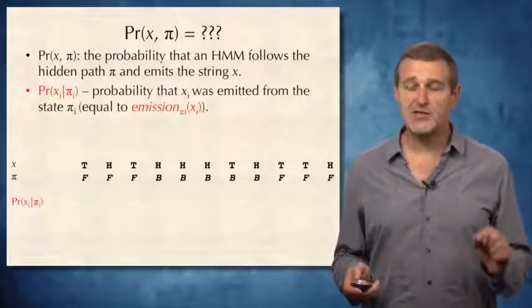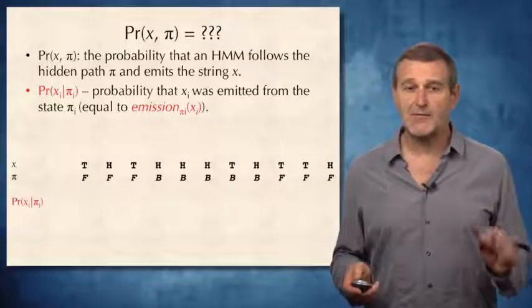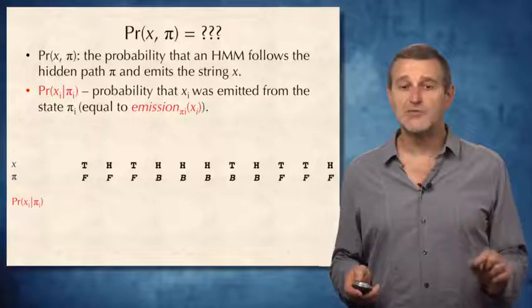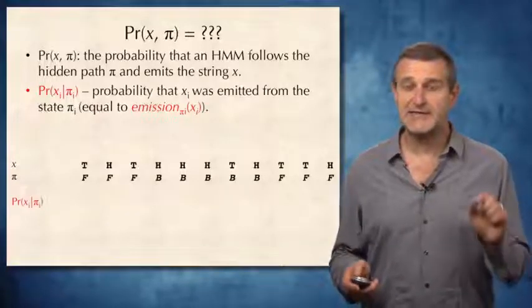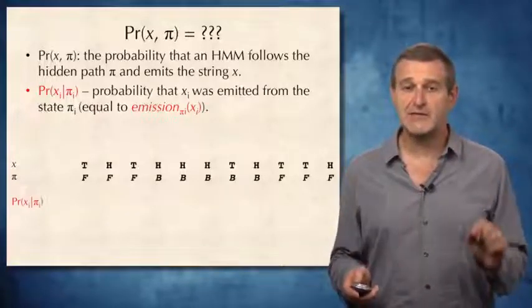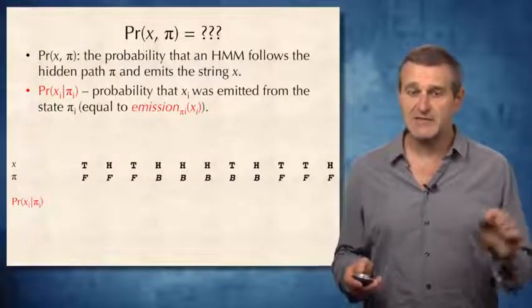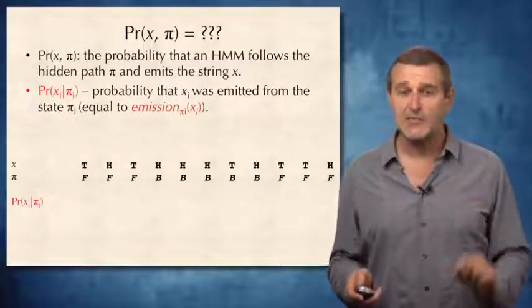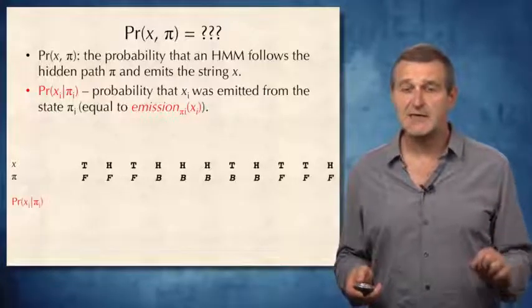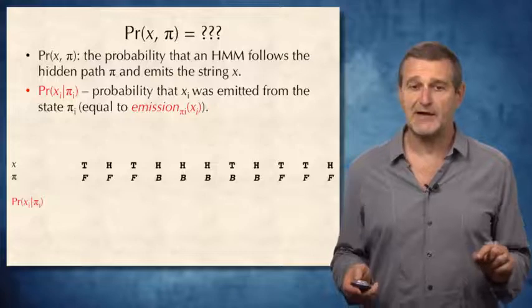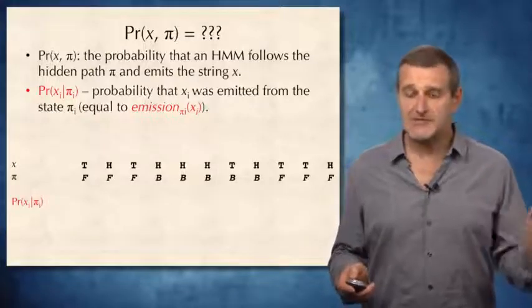To compute it, we need to define the notion of the probability of xi given pi i, which is the probability that symbol xi was emitted from the state pi i. And this probability, of course, equals the entry of the emission probability matrix that corresponds to emitting symbol xi from the state pi i. Well, let's compute these probabilities.